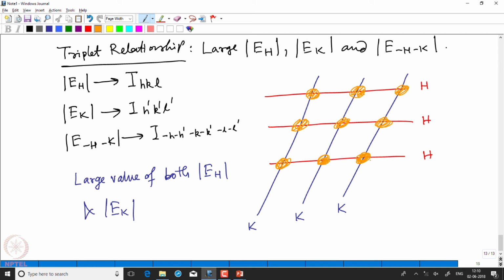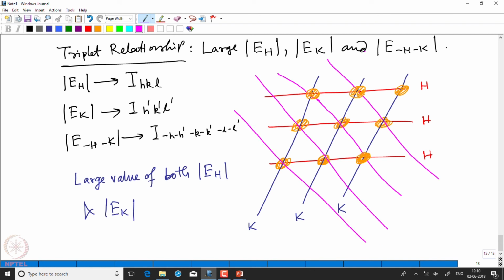So, the plane which actually bisects these two planes, I am drawing it in a different color for easy understanding. The planes which are now marked in purple are passing through the points of intersections of these planes.